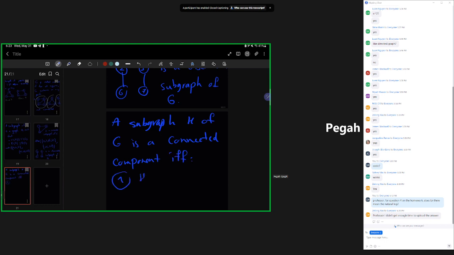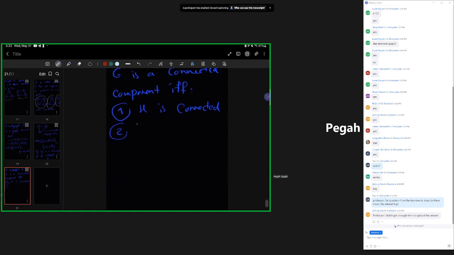First, H is connected. And second, H is maximal with respect to that. What does that mean? It means that if it's connected, it's going to have all the edges that are connected to it. It's maximal with respect to that. So this is another definition of a component.